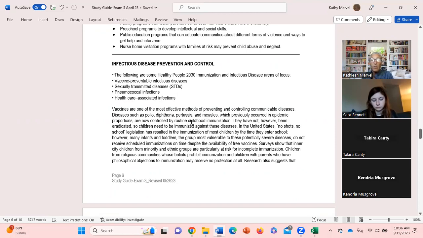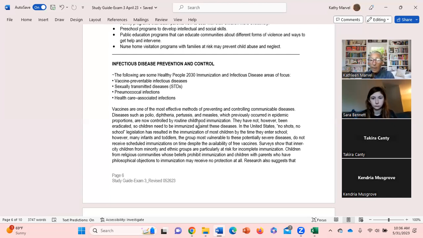We really focus on vaccines in community health. Not all families choose to get their kids or people vaccinated, and that's okay. But we need to remind them and continue to educate them that vaccines are one of the most effective methods of preventing and controlling communicable diseases.